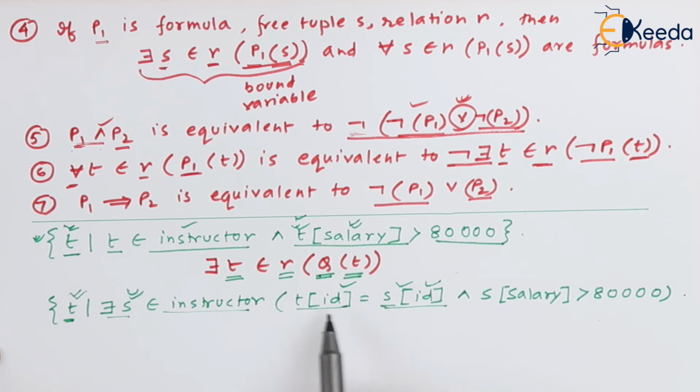If these two match and also the salary of that particular S tuple is greater than 80,000, then only we will select tuple T.